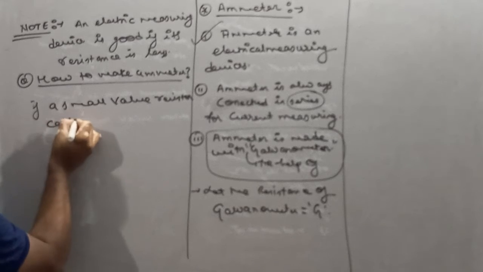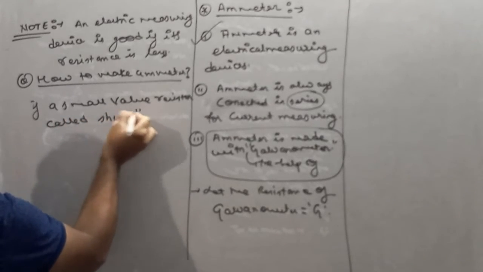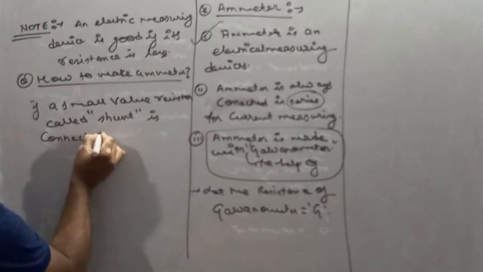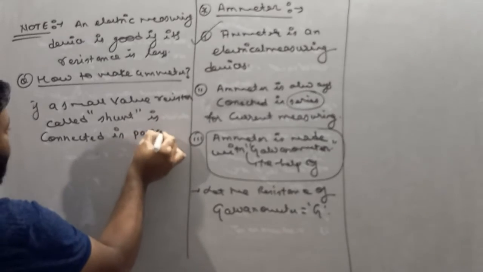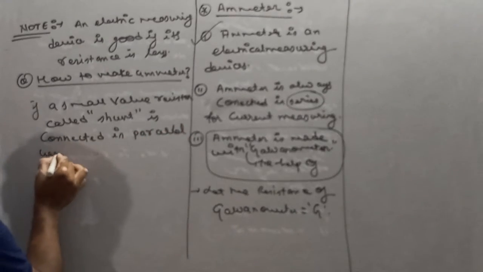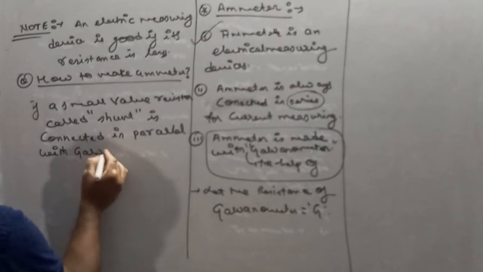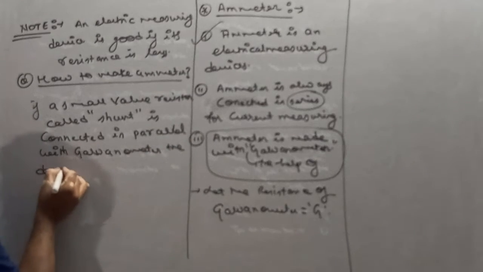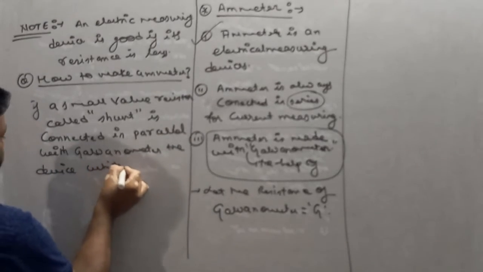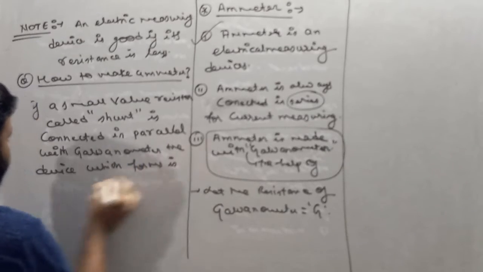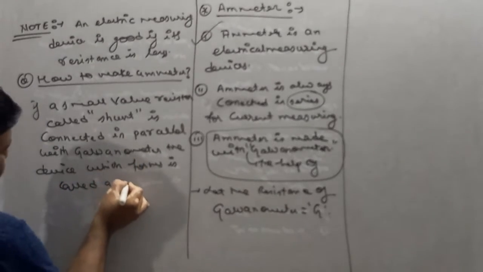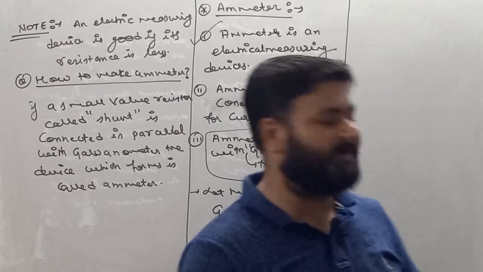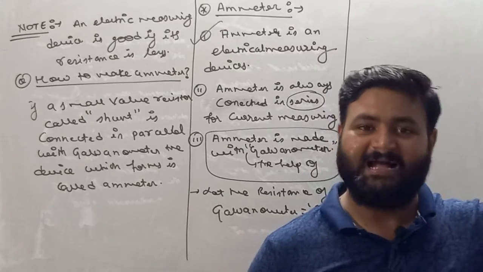If a small value resistor called shunt is connected in parallel with galvanometer, the device which forms is called ammeter, my dear student. See what I'll say.